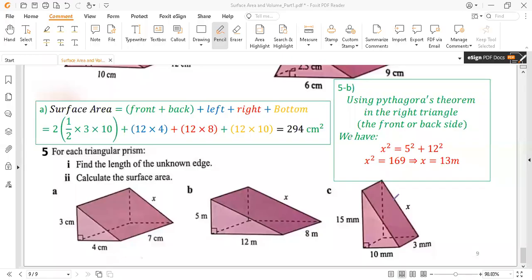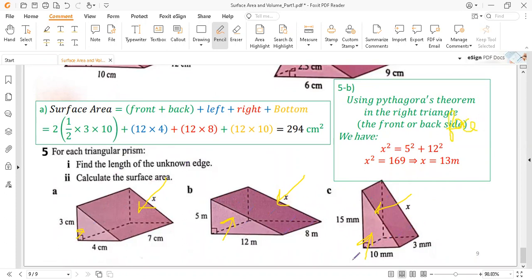Finally, we should know that in any right-angled triangle, we can use the Pythagorean theorem. In these examples, the front and the back faces are given as right-angled triangles.